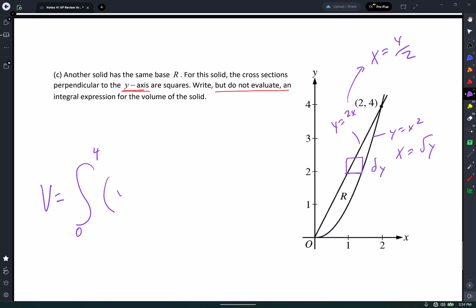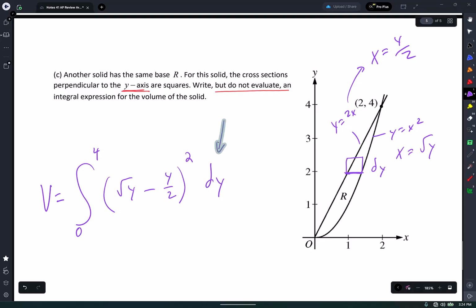Square root of y. Minus, what's the bottom one? Y over 2. Close it, and put a square, because this is my model for the length of one of these sides, and you're going to square it. And then don't forget the dy. This is called the differential. If your professor asks what this is, that's the differential. Okay, there it is. Do I have to solve it? We're good. This is the answer.